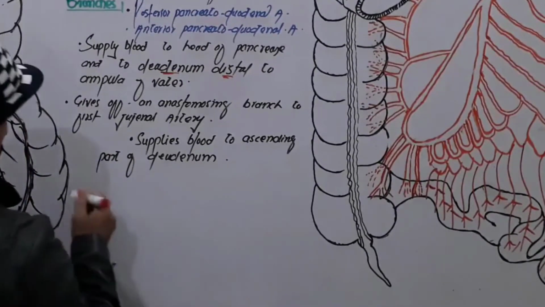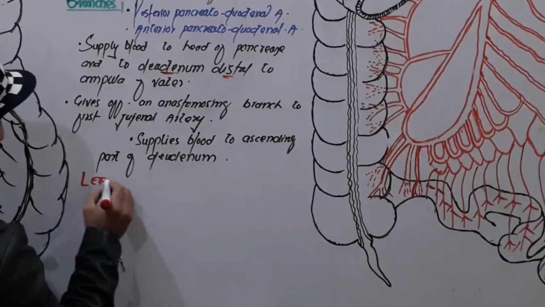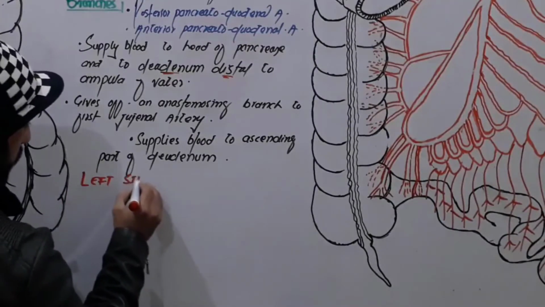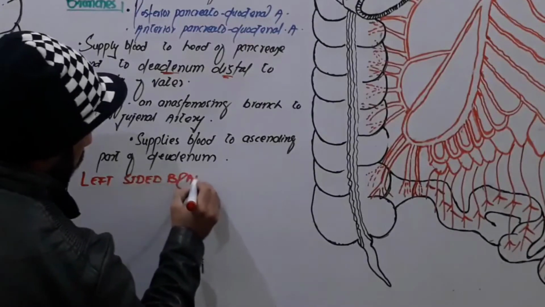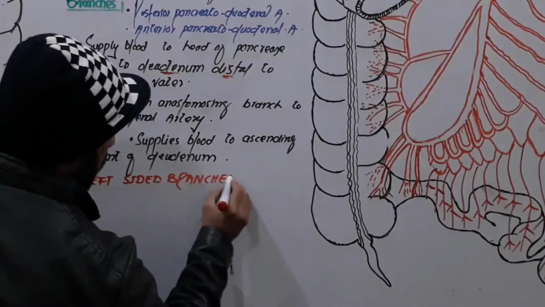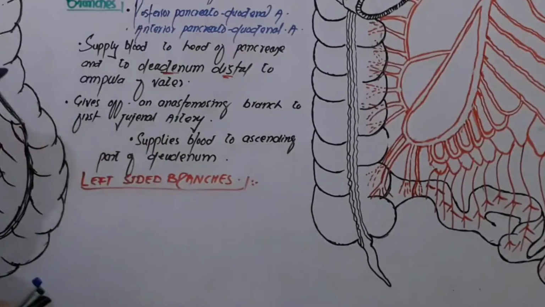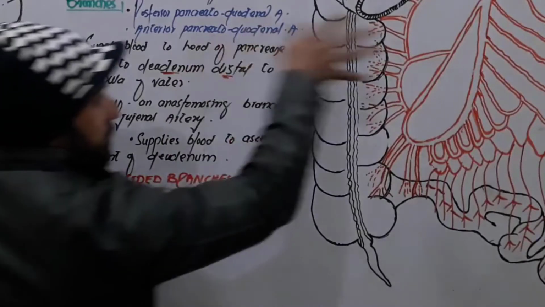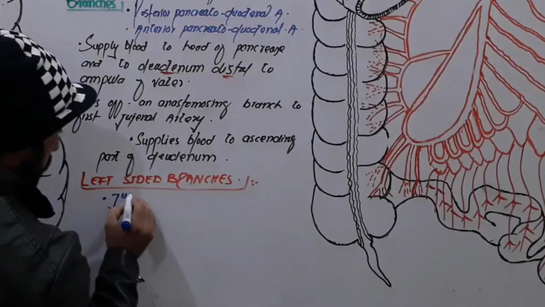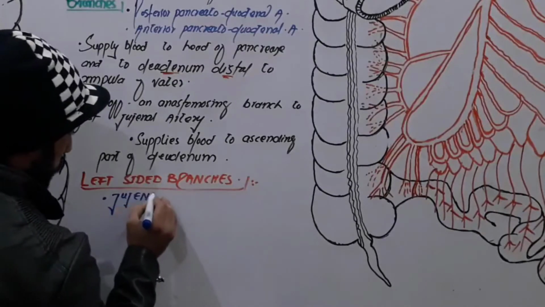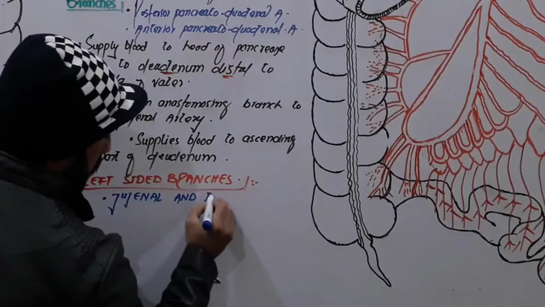So let me write first of all here that the left-sided branches, and then we will discuss the right-sided branches also, and we will see the middle colic artery also there. So the left-sided branches are combinedly called the jejunal and ileal branches.